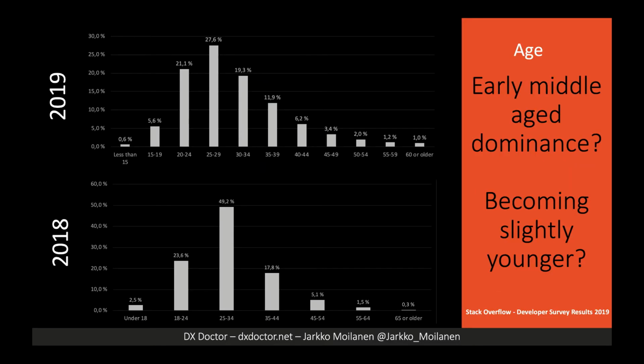About the age, from the Stack Overflow survey results 2019 and 2018, those were laid out a bit differently, but yes, it's an early middle age dominance, possibly becoming a little younger.